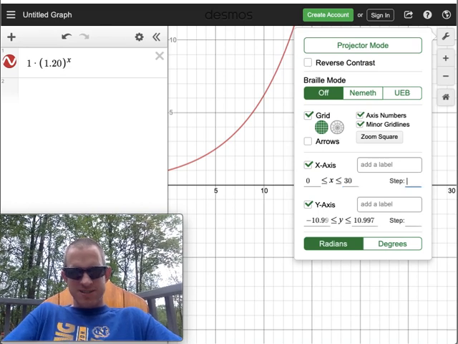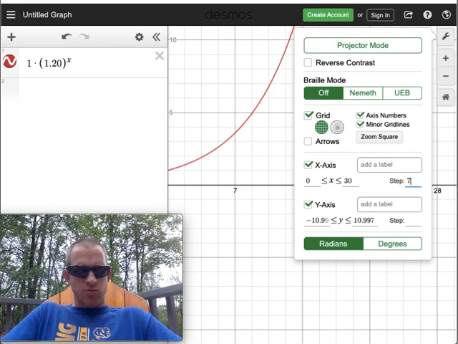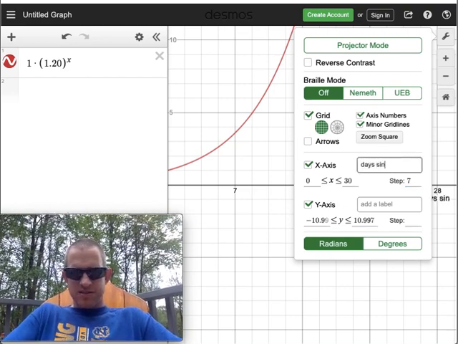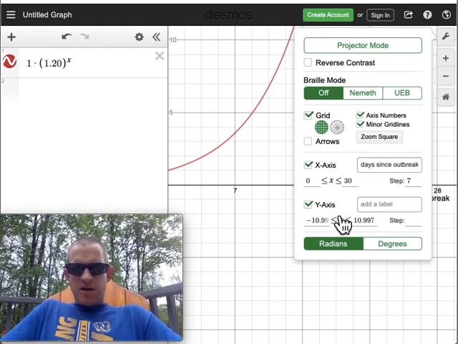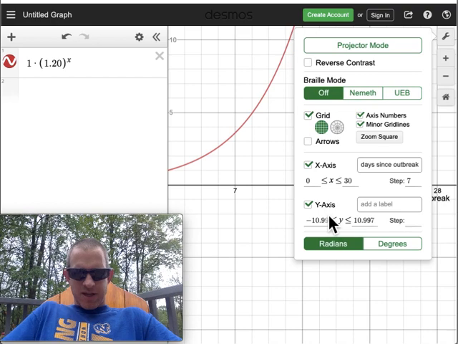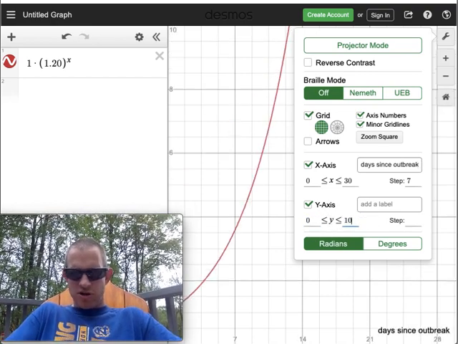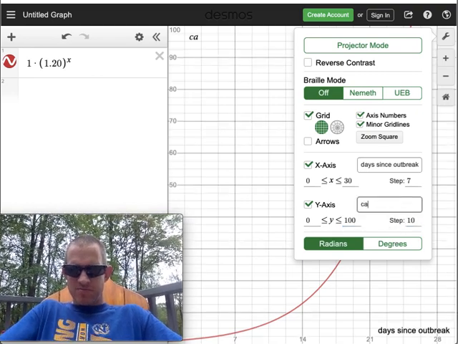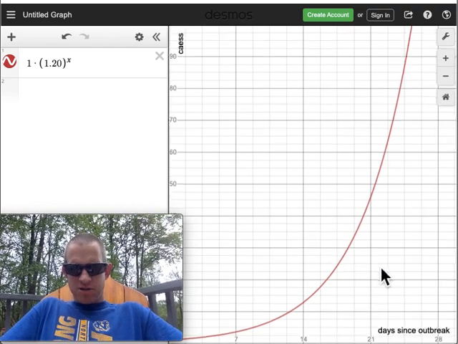And for a step, I could go maybe by 5 days or maybe 7-day increments because that's 1 week. And I'll just say on here days since outbreak. The y-axis represents the number of cases, and I suggested starting off by going from 0 to 100 and maybe by 10 cases. And that's a pretty good graph.